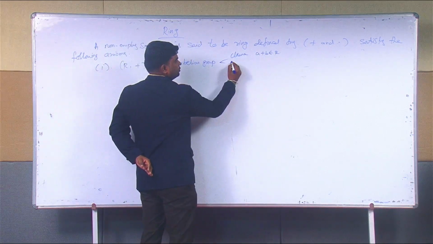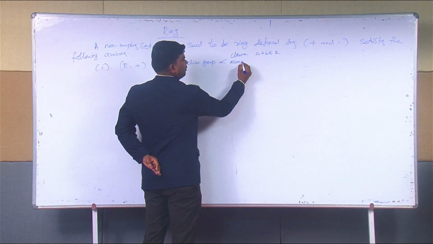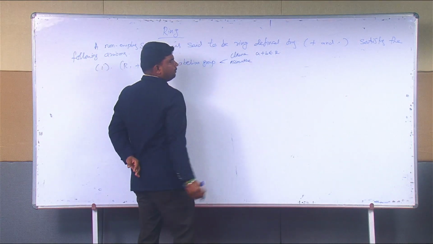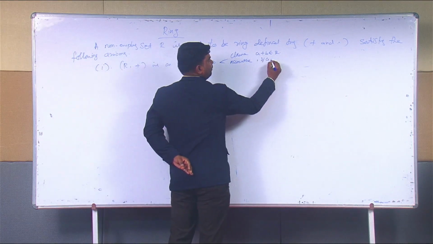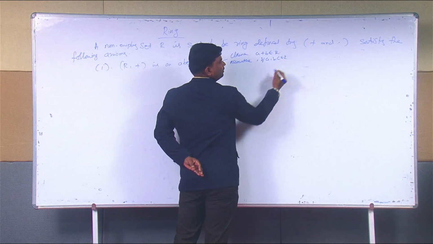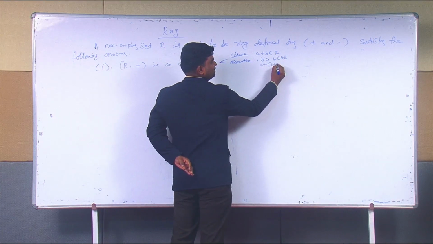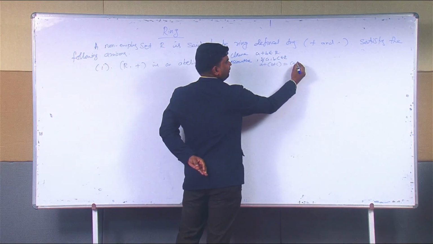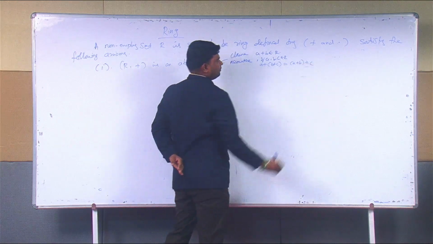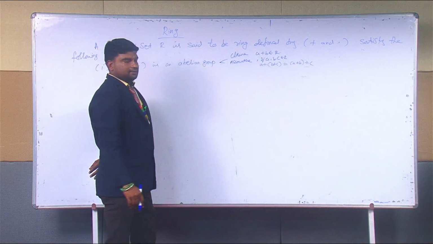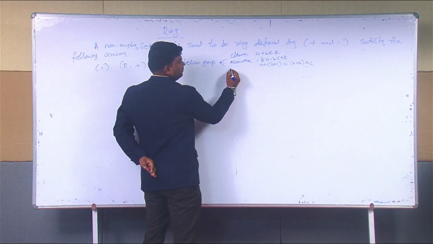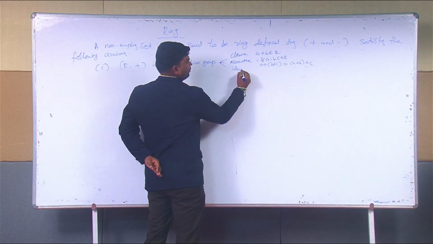And second, associative. For every element a, b, c belongs to R, a plus b plus c equals a plus b plus c, with the grouping changed. So that is the associative axiom. Next, identity.